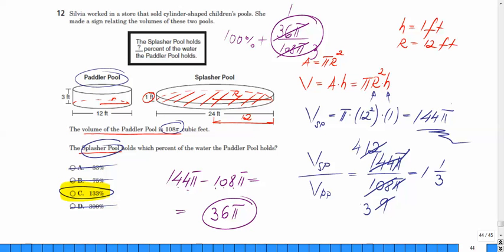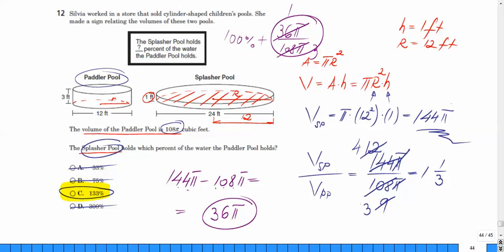If you will be required to write your steps, you can use any way of solving it that I presented to you here. Definitely you can put your radius in it. You can write how you found it, how you compared the two pools, and how you managed to figure out that the percentage is 133, which pool you have used as reference, which pool you have used as the one with the 100%. So be careful, because usually we know that for percents you have a fraction where the denominator is greater than the numerator.